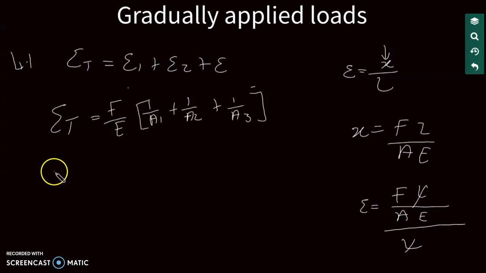Area number 1 will be given to us as total strain times the Young's modulus divided by what?